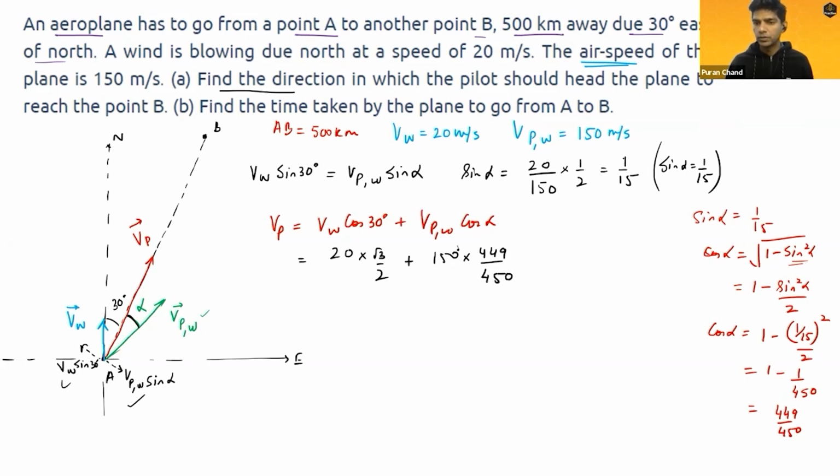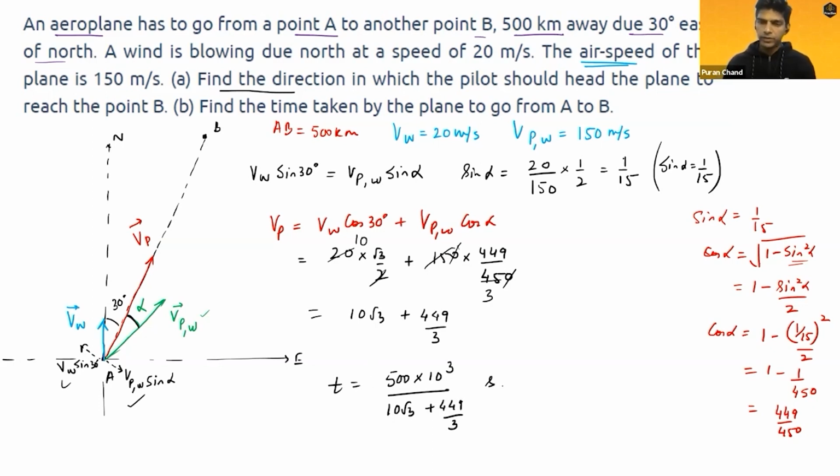So this will be 3, and this will be 10. So we have 10 root 3 plus 449 by 3. Is it clear? Now we know the velocity along AB. So your time will be distance, that is 500 kilometer, 500 into 10 raised power 3, upon your speed, that much seconds.